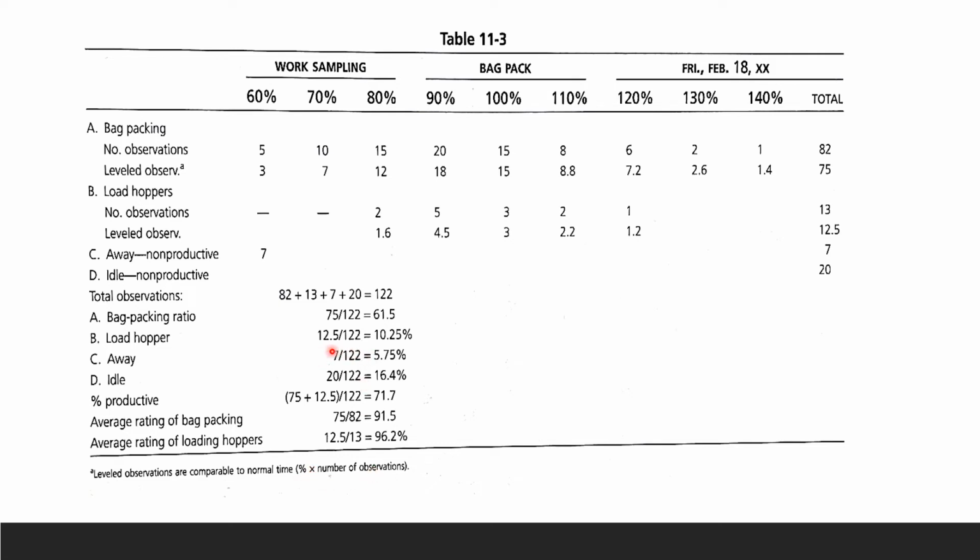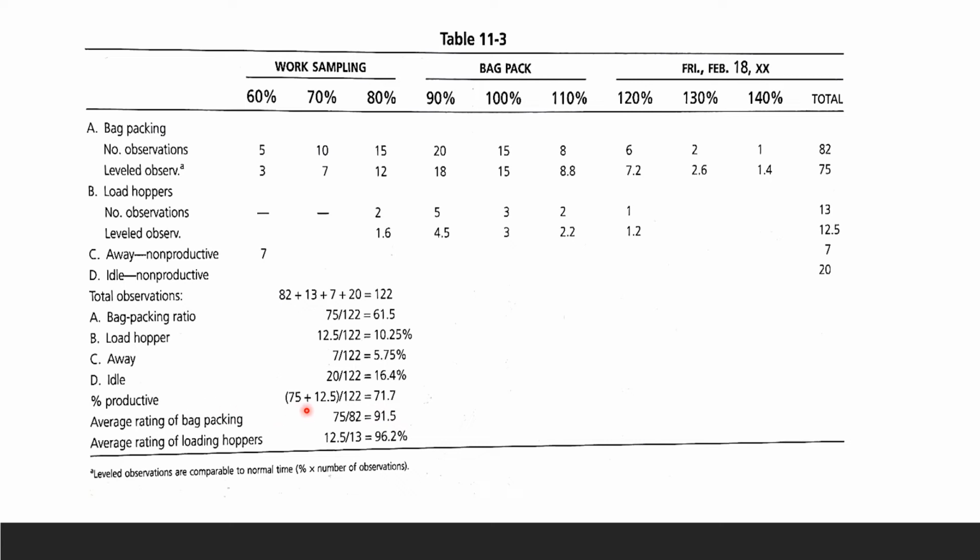So here we get 12.5 for your load hoppers divided by the total 122, and you're going to get 10.25%. Then away is 7 divided by 122, which is 5.75%. And then your idle is 20 divided by 122, which gives you 16.4%. Altogether will give you 100%. So there we go.